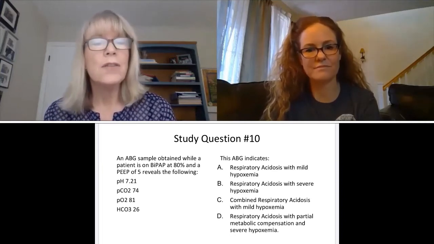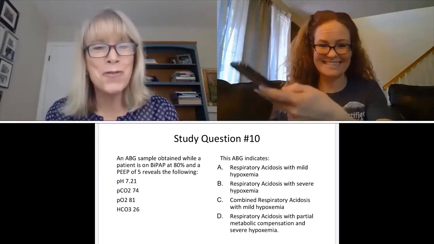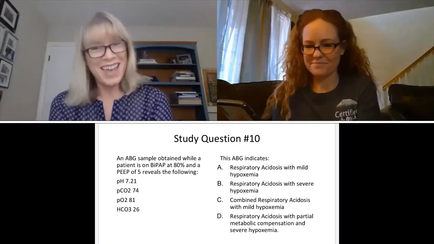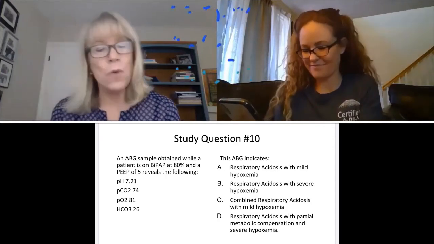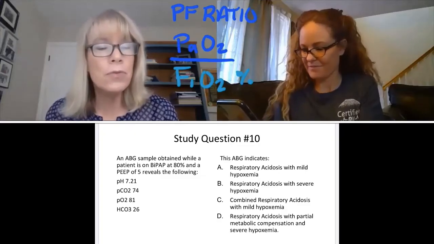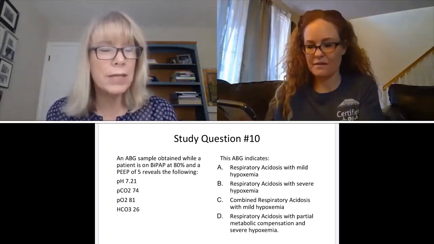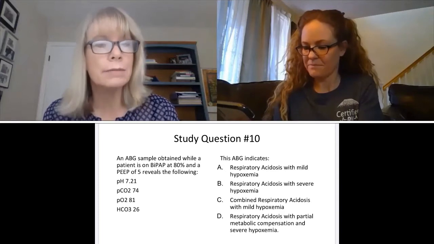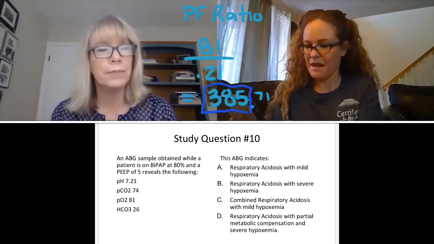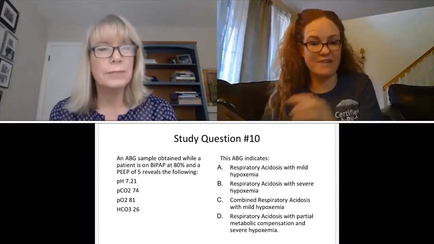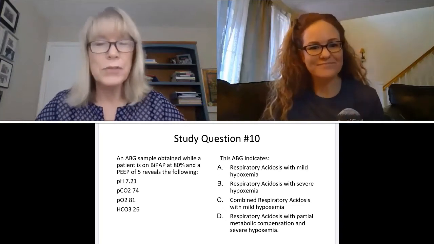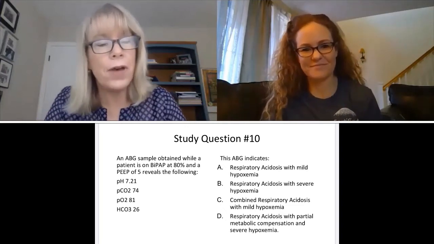So Shanna, if you have your calculator out or your phone, why don't you take the 81 and divide it by the room air, which is going to be 21% or decimal 0.21. Okay, what do you get? I get 385. Okay. So she gets a PF ratio of 385.